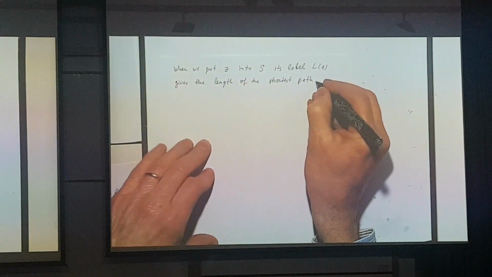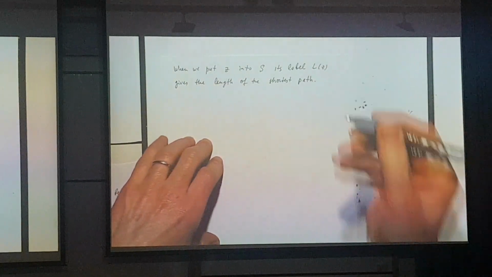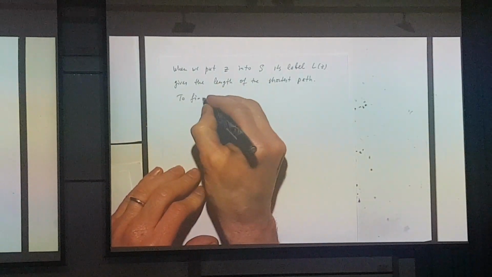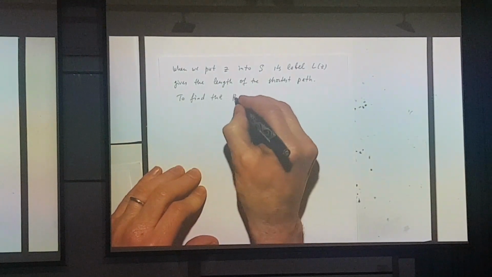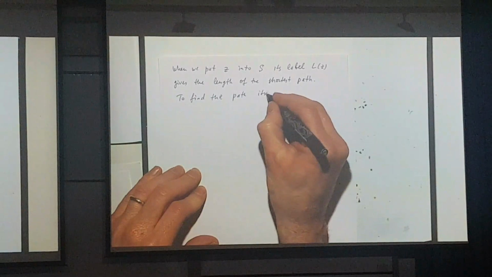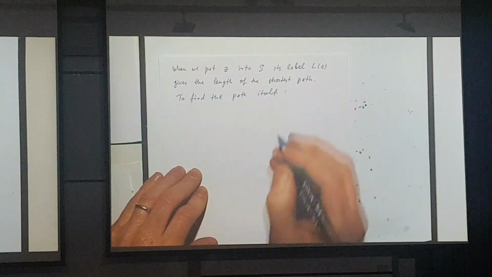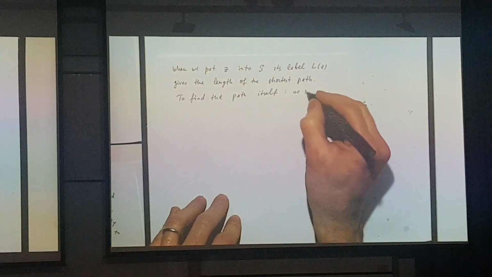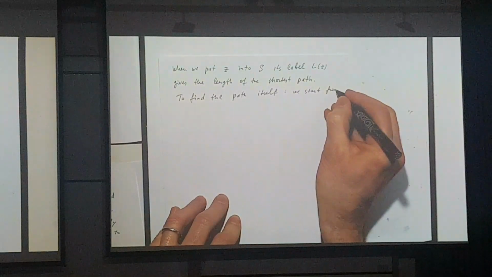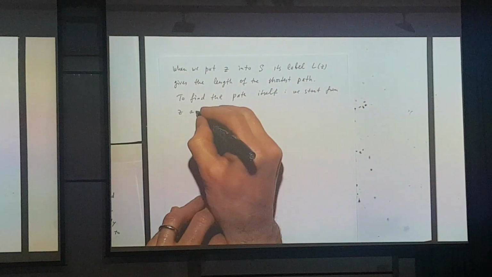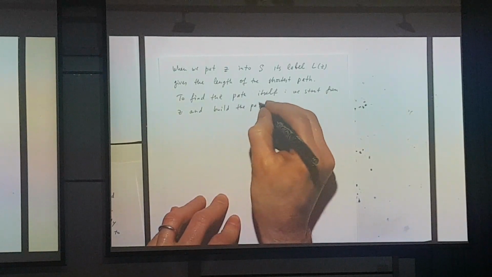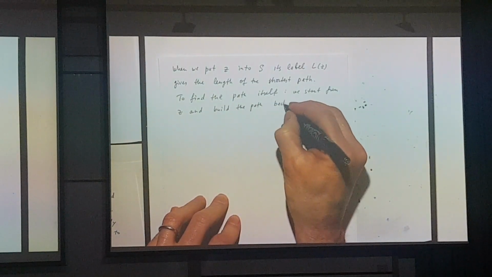Then to find the path itself, we start from the last vertex, Z, and build the path backwards.